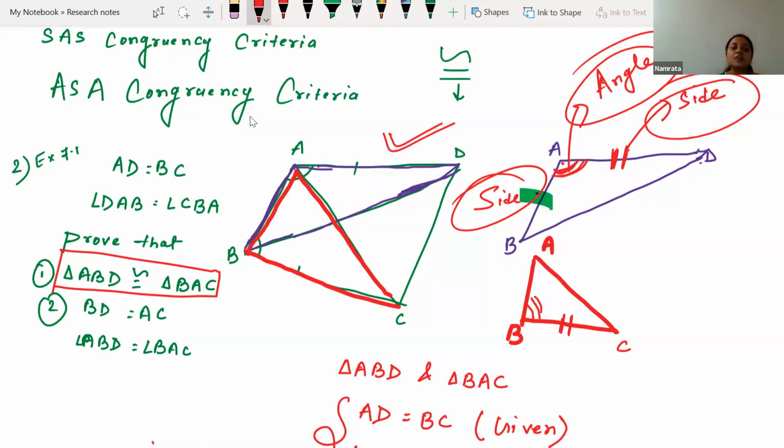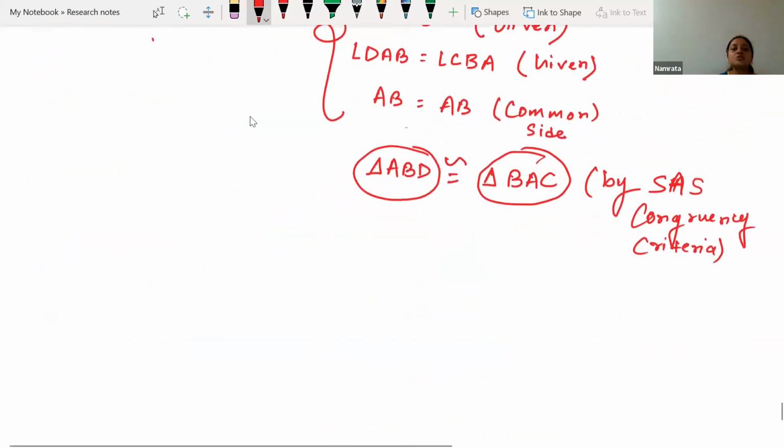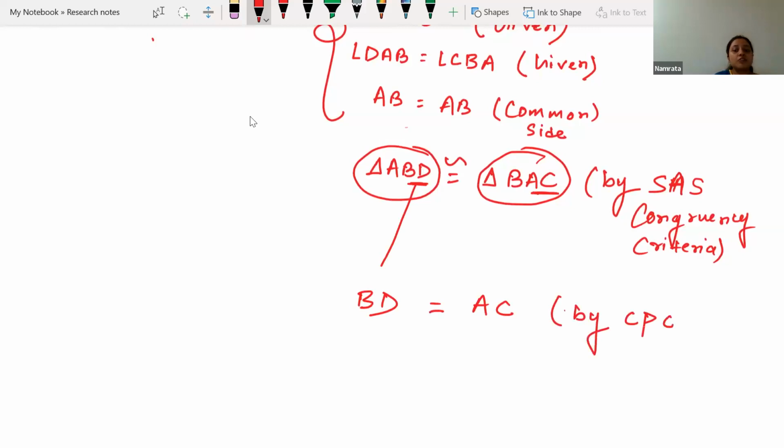Now the next part of this question is asking to show that BD is equal to AC. Since these two triangles are congruent with each other, their corresponding sides and corresponding angles will automatically be equal. So from here only we can say BD will be equal to AC or CA, whatever, by CPCT. What is the meaning of CPCT?